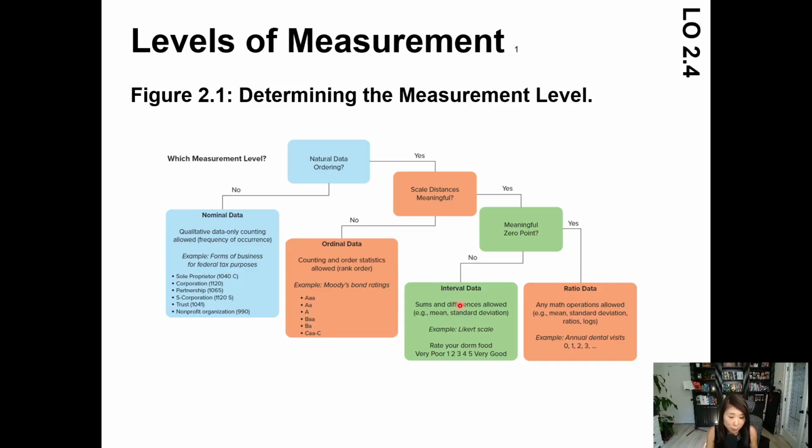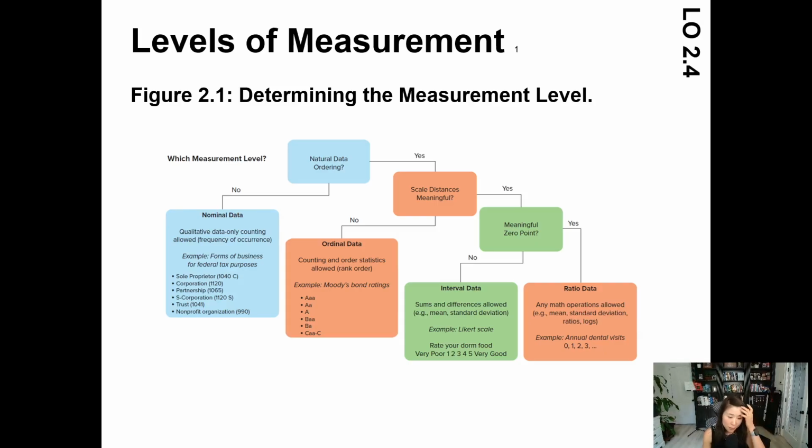It's very easy to convert it to age group, because age group is ordinal data, right? However, if you initially collect the data as age group, you will never be able to figure out each individual's age. So that's one thing you need to pay attention to: how you ask the question determines the type of data you are able to collect. So from nominal to ratio, you are adding more and more information.